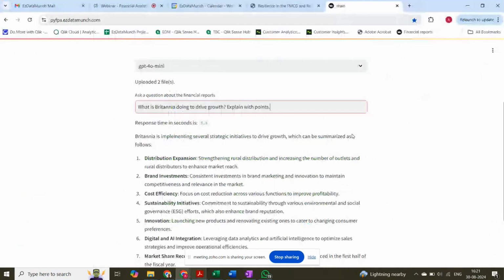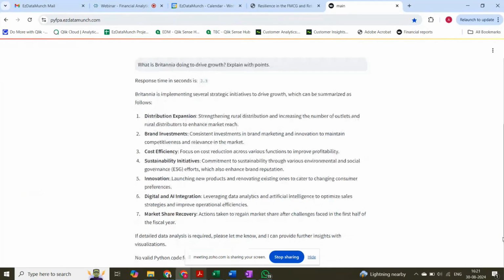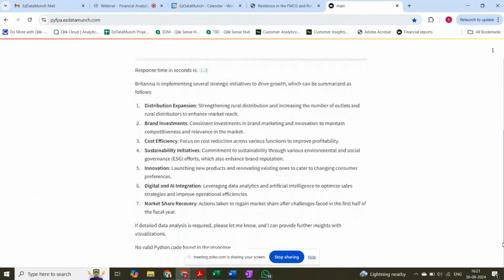So it is giving us all that and more. So theoretically, what it now means is that if I know what question to ask that document, the bot will extract that information from the PDF and give it back to me in an intelligent manner, providing some sort of analysis.